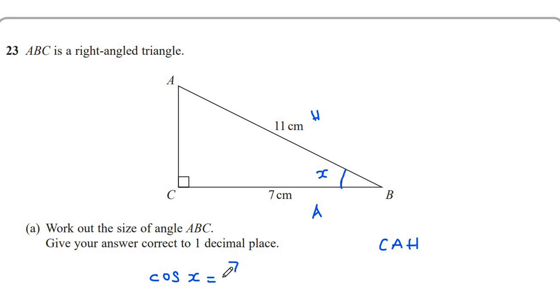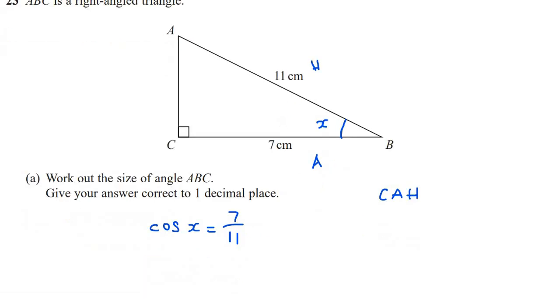So that would be 7 over 11. And so X, the angle X, will be cos inverse of 7 by 11.